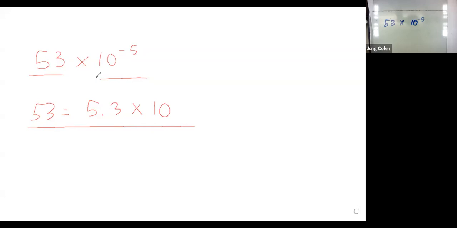Do you agree? Which is only this part, right? So I can rewrite this as 5.3 times 10, which was this part, times 10 to the negative 5th power, which I already have. Now I have a power of 10 here and there. How do I combine them?